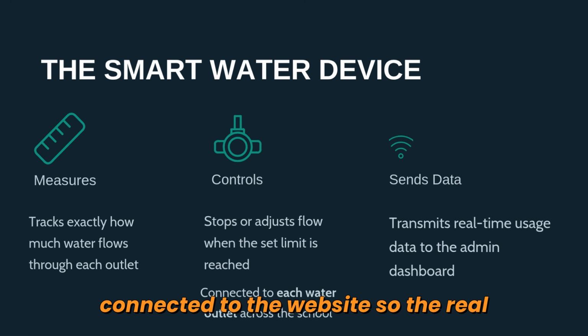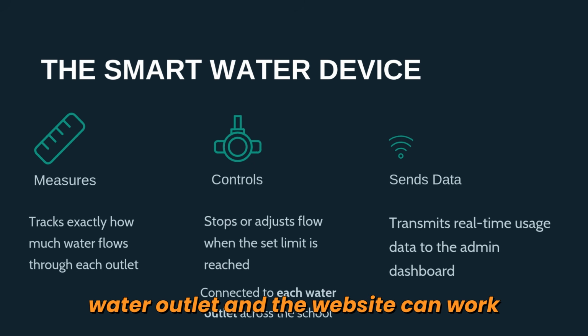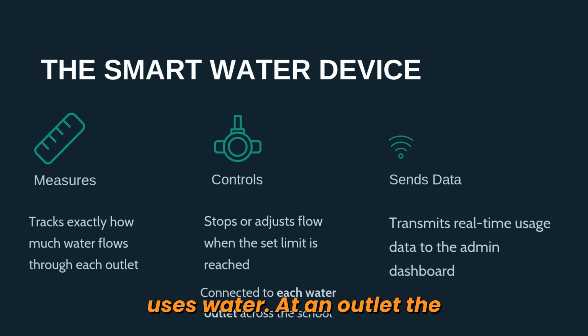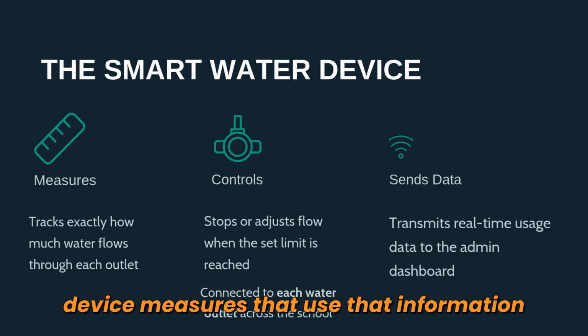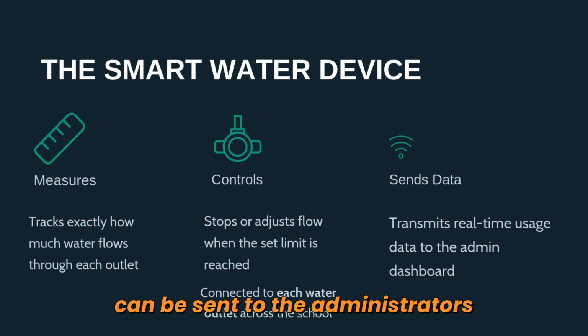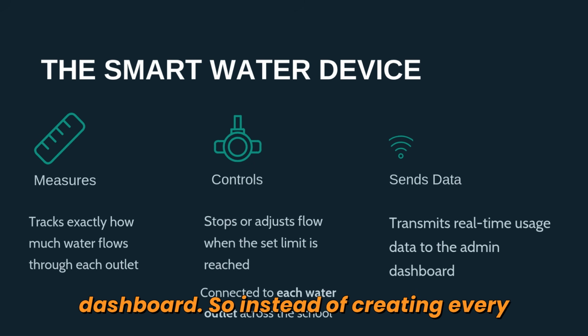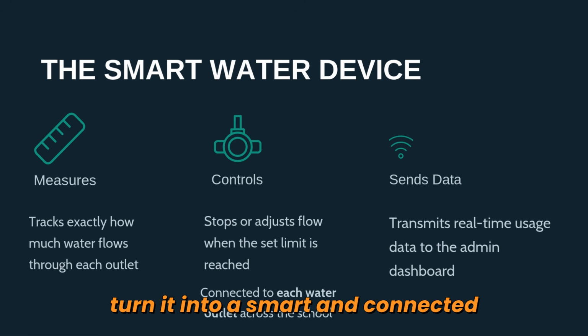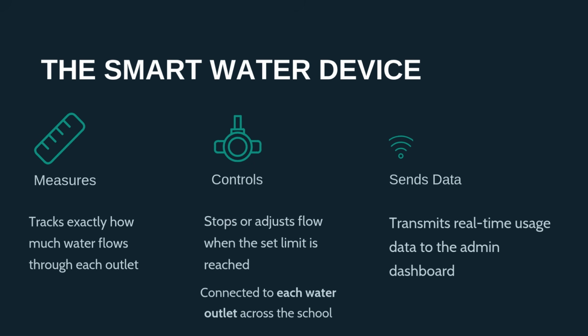So the real water outlet and the website can work together. For example, when a student uses water at an outlet, the device measures that use. That information can be sent to the administrator's dashboard. So instead of treating every tap as just a normal tap, we turn it into a smart and connected water outlet.